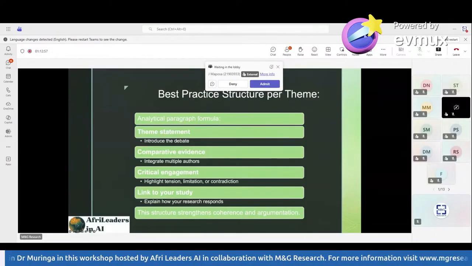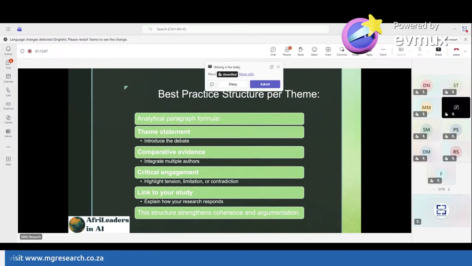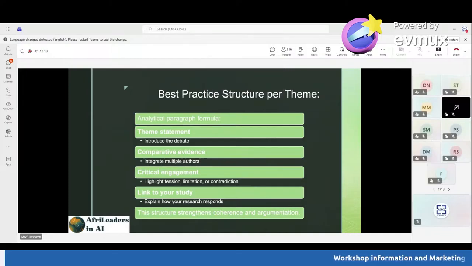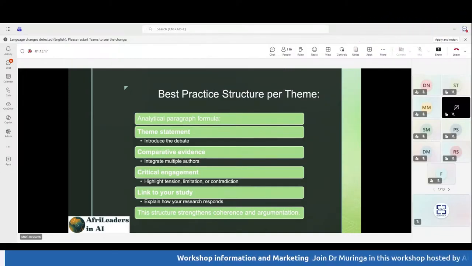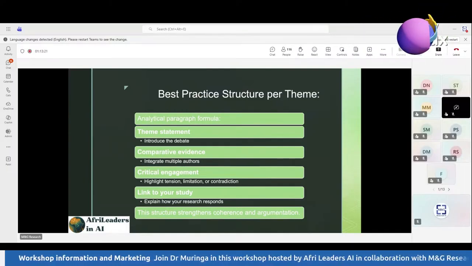So then as we move on, this here, colleagues, is the best practice structure to do your literature review thematically, right? It is the most common and most preferred structure to do your literature review according to themes. So we're saying here, you begin with the analytical paragraph formula.